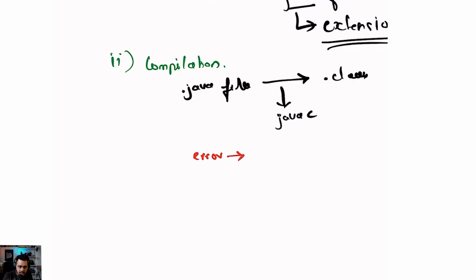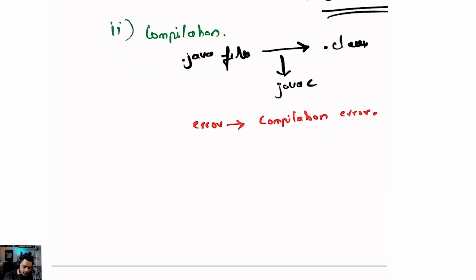If any error occurs during this phase, what is it called? It is called a compilation error. Very, very good.